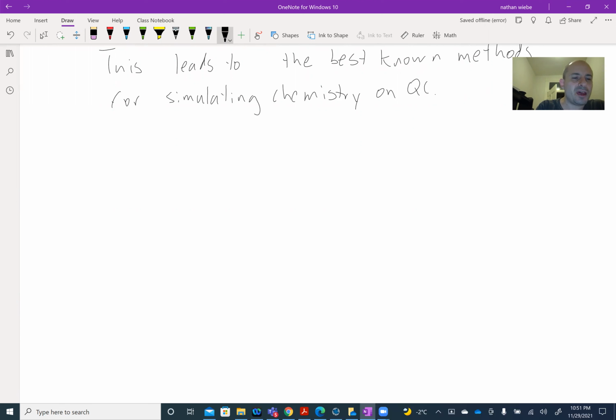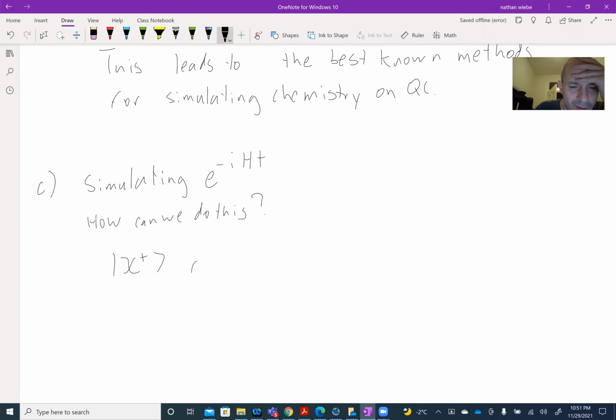But the next thing that I'd like to talk about is simulating e to the negative iHt. So how can we do this? Well, the big hint behind how we can do this is actually just taking a look at the eigenvalues of chi plus and chi minus.